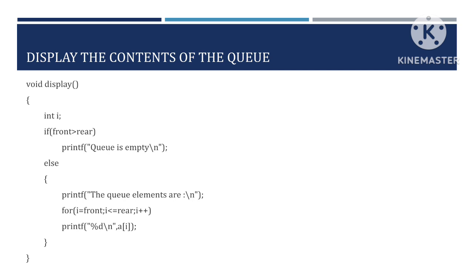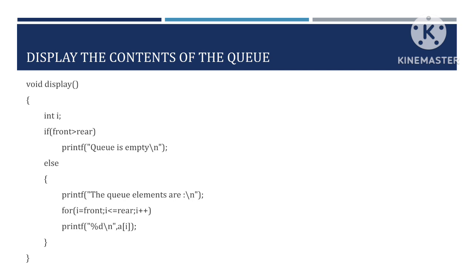For loop means here we take a variable called I, which acts as a counter. I is initialized with front value and it goes up to rear, and one by one it will print the items. That means it will print the items from the position front to rear. Within that range, all the items present in the queue will be printed with the help of a for loop.